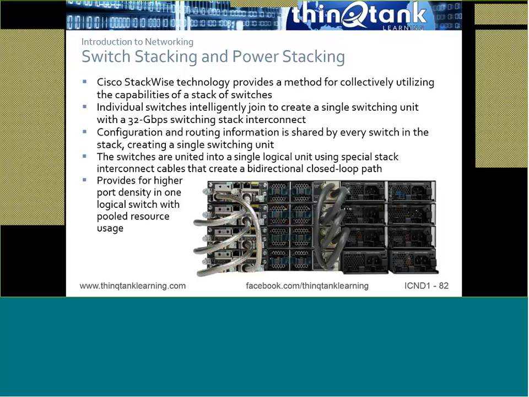Now our speed is going to change from 32 gigs to 16 gigs, but at least we still have that connectivity. Obviously here we get more port density and we get to pool resources. There's some stacking management that takes place, so it's not that we free up every resource. We still have some additional resources to make this function, but it's a pretty cool technology.